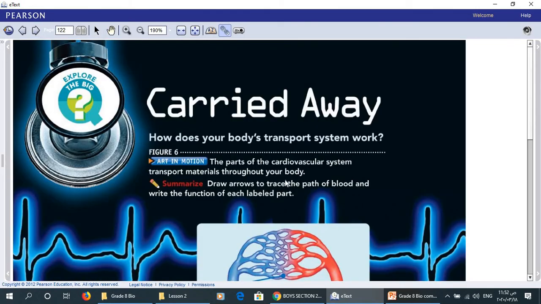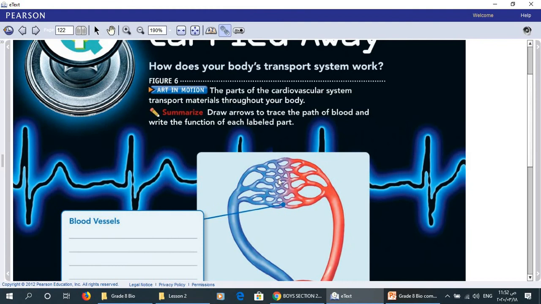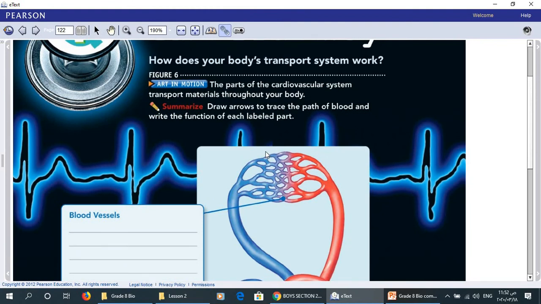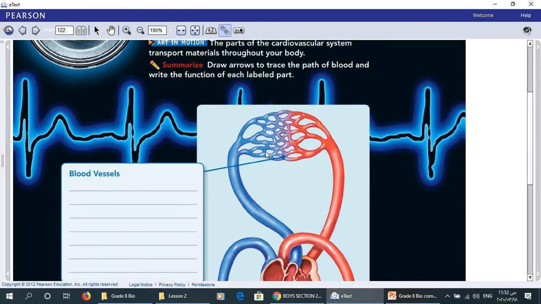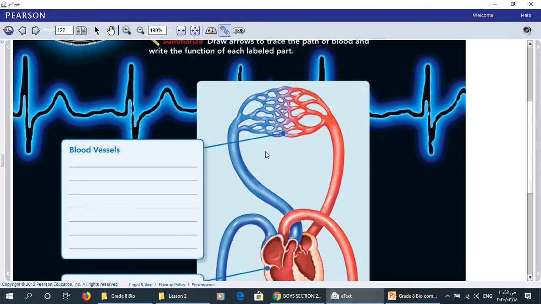Here. Draw arrows to trace the path of blood and write the function of each labeled part. Blood vessels carry blood to and from the heart.